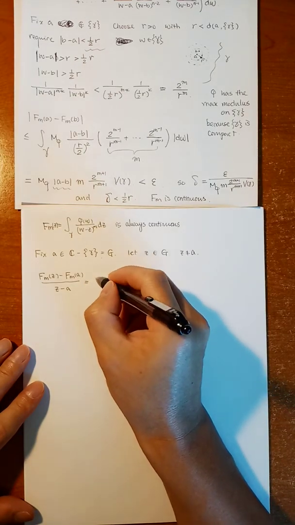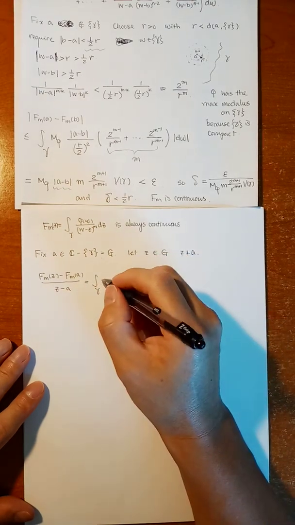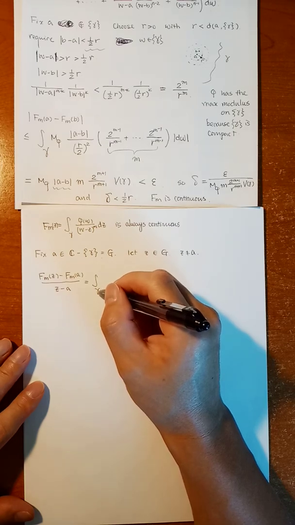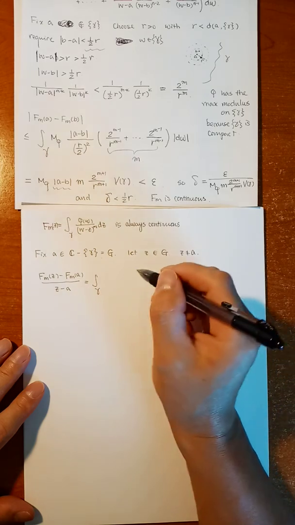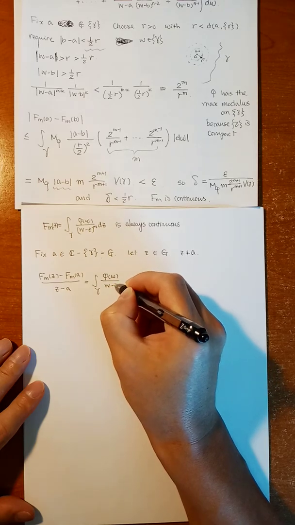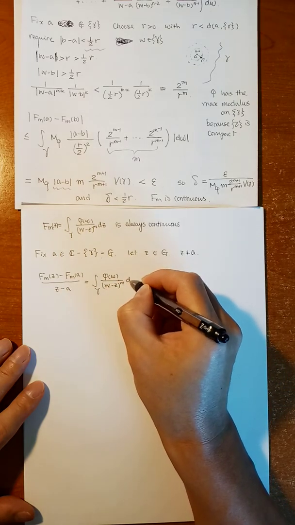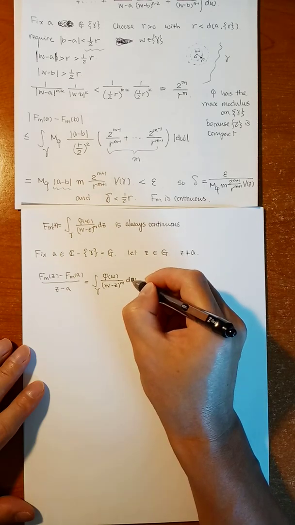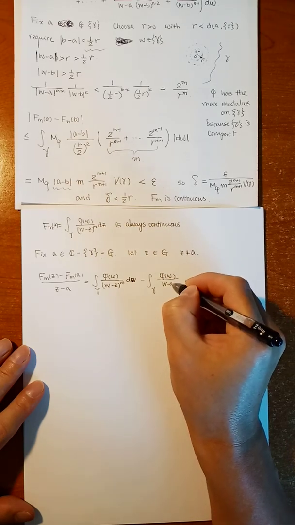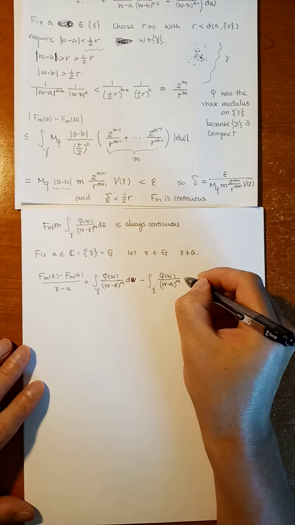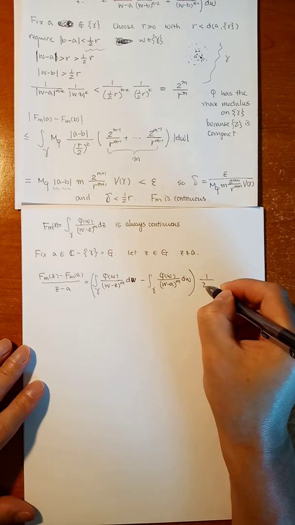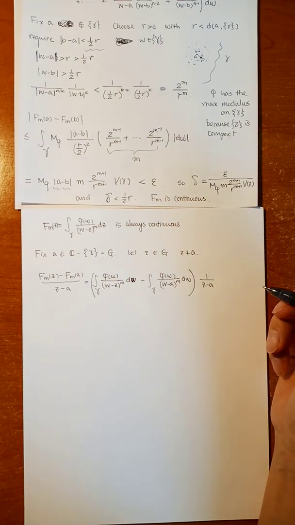Okay, so it is the integral over gamma of phi w, w minus z to the mth power, dw, minus the integral over gamma of phi w, w minus a to the mth power, dw, the whole thing over z minus a.